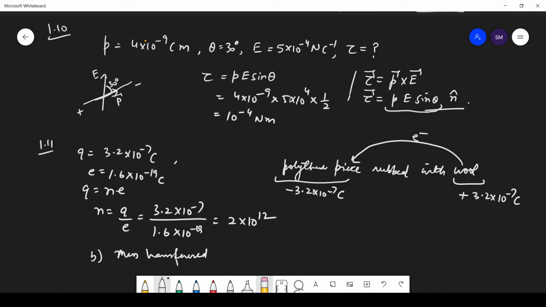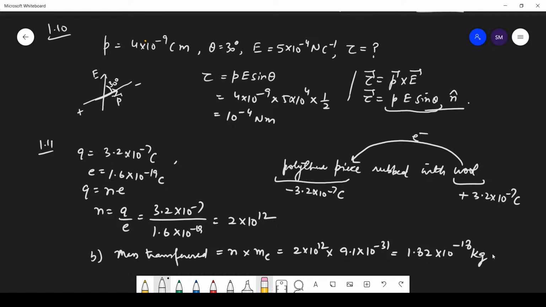So the total mass transferred is equal to the number of electrons into the mass of one electron. The number of electrons transferred is 2 into 10 to the power 12, and the mass of one electron is 9.1 into 10 to the power minus 31 kilograms. So the net mass transferred is 1.82 into 10 to the power minus 18 kilograms.